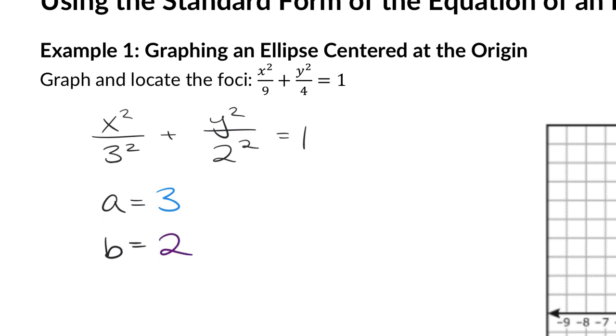And since a is always bigger than b and a is underneath x, that means we're going to have a horizontal a value of 3 and a vertical b value of 2, which means that our ellipse should be more horizontal than it is vertical. Should be longer on the horizontal than on the vertical.